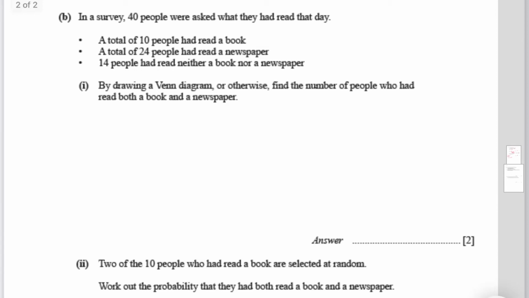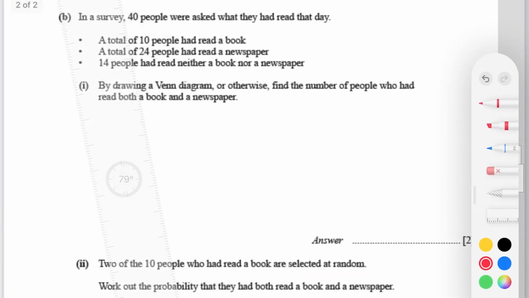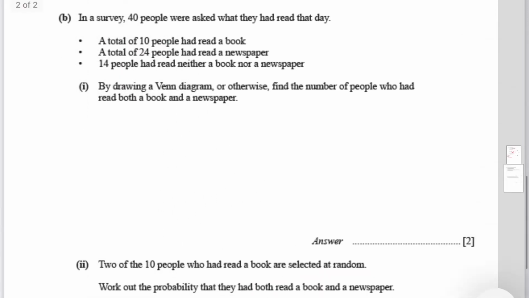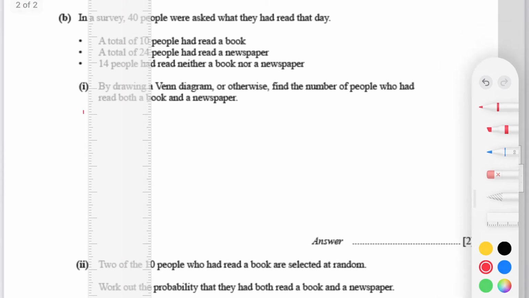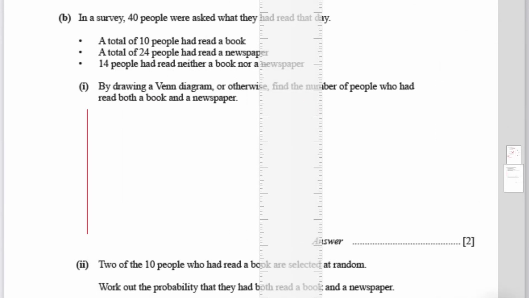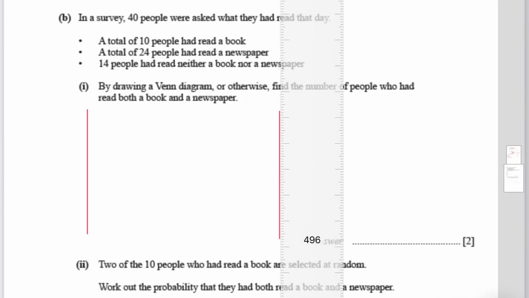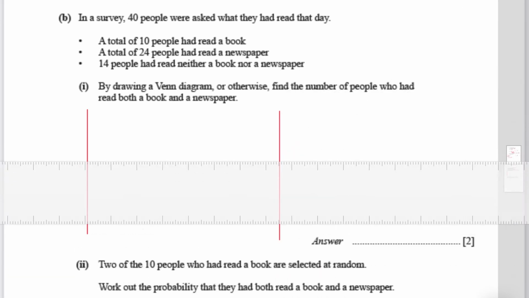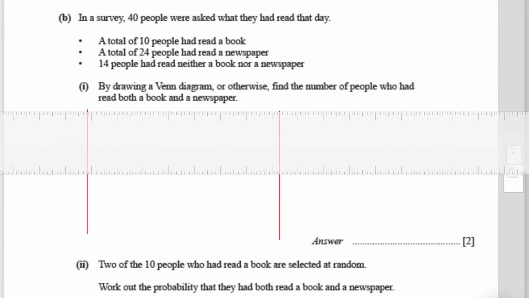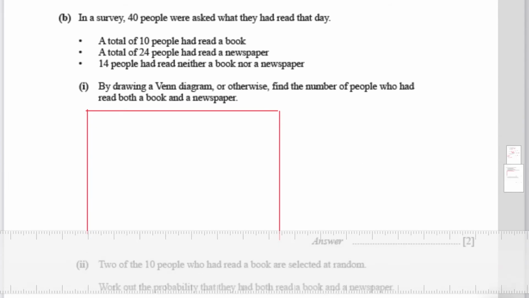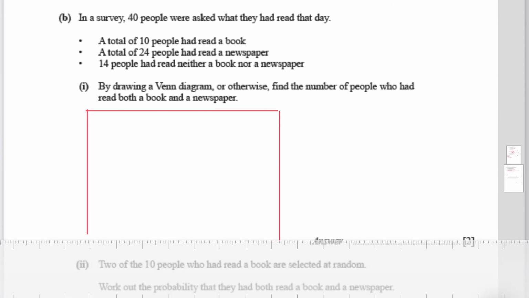So first of all, let's draw a rough Venn diagram over here. I'll try my best to draw it as neatly as possible. This is an easy question though, so we'll try to simplify it as much as possible. So here's our box for the Venn diagram.